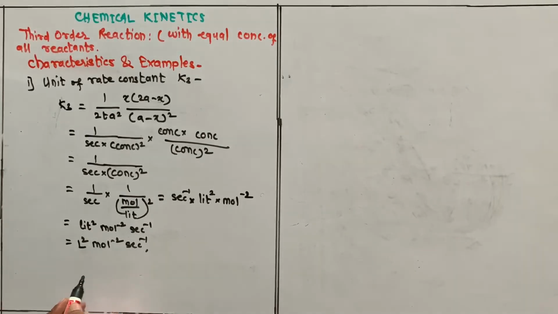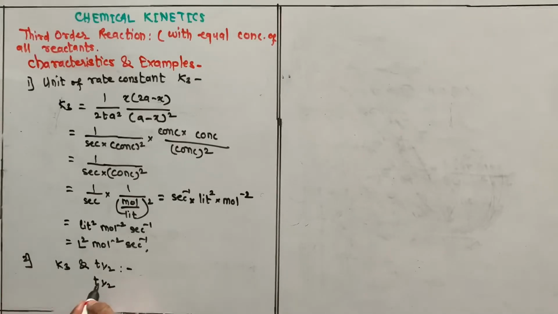Okay, now let us go for the second, that is the half-life of a third order reaction, or the relationship between K3 and half-life. The time required to complete a definite fraction of a third order reaction is inversely proportional to initial concentration square.